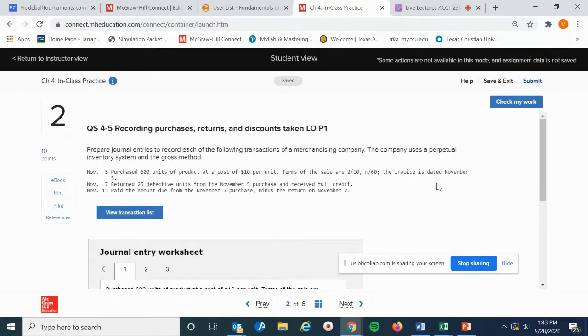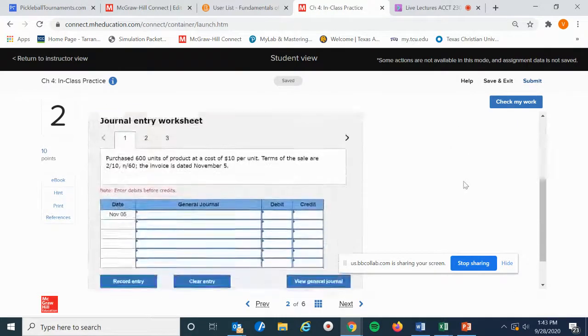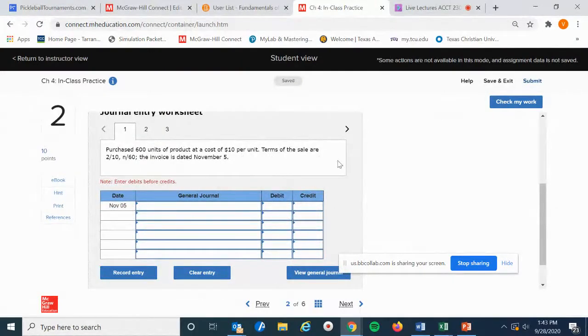So these are purchase transactions. When I prepare those, I know that these are journal entries and I need to go in chronological order, because that determines if the company is eligible for a discount, whether or not they've taken the discount. In this case, I'm sorry, I said sell, but they purchased 600 units of product at $10 per unit.